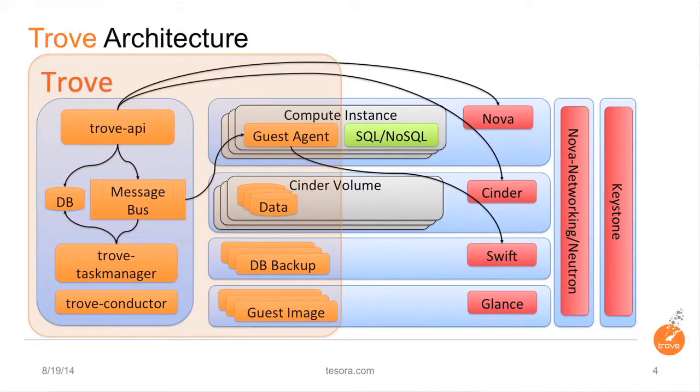Wanted to go over a bit about the Trove architecture and the different components that we have in Trove. Some of you might find that helpful. The Trove architecture starts off with the API request being handled by what is known as the Trove API service, which is basically a WSGI service that then communicates to the Trove task manager, which is where the guts of all of the provisioning takes place.